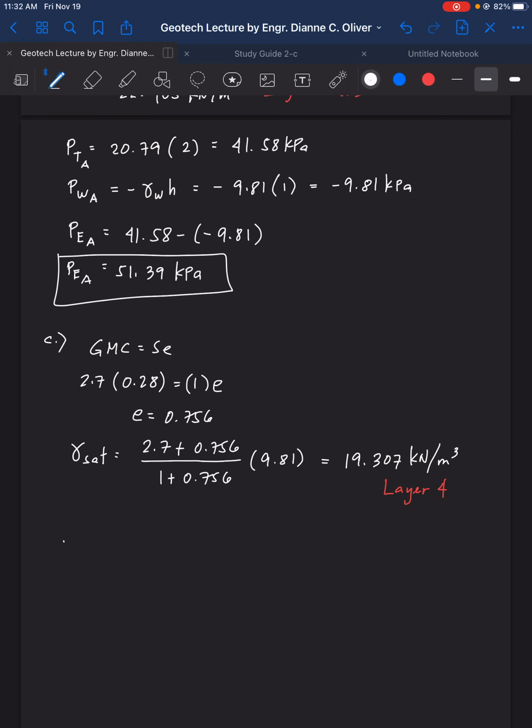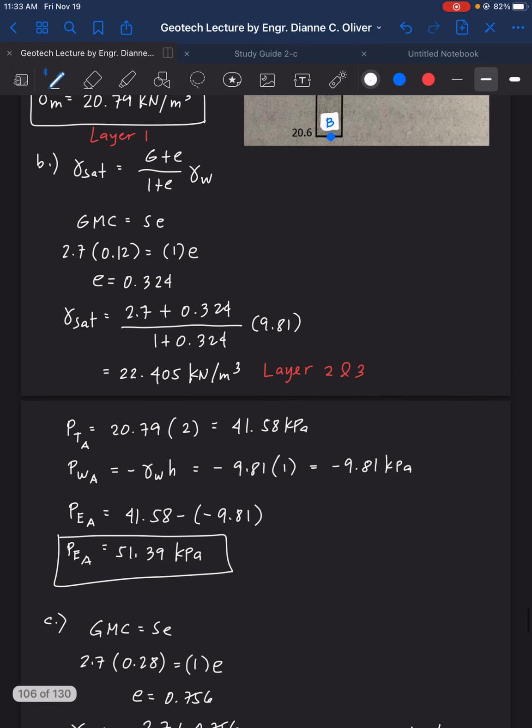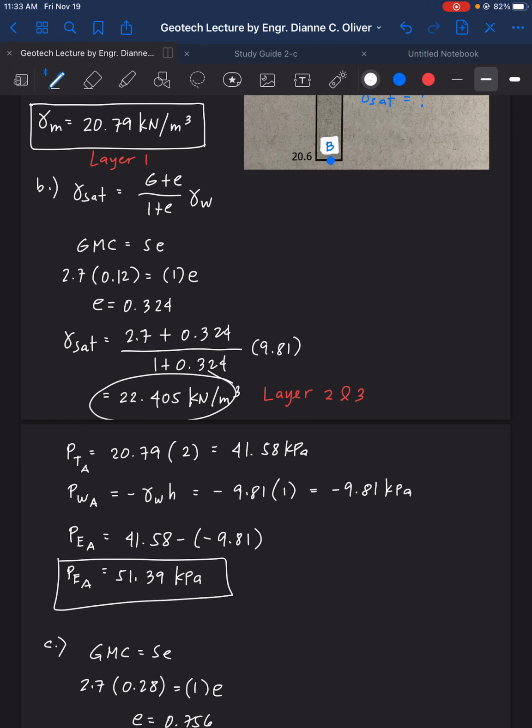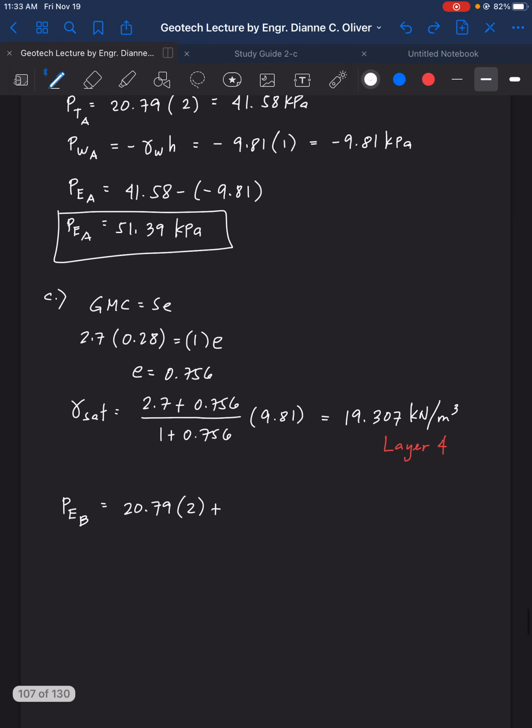So let's solve now for P effective B. Gamma moist a while ago is 20.79 times 2, plus the gamma sat at the capillary zone, so that is 22.405 times 1.